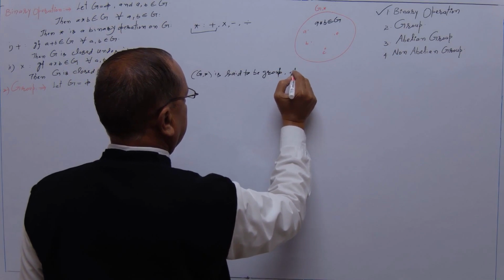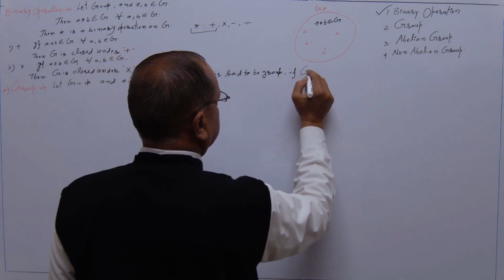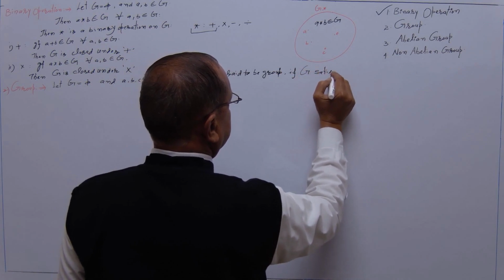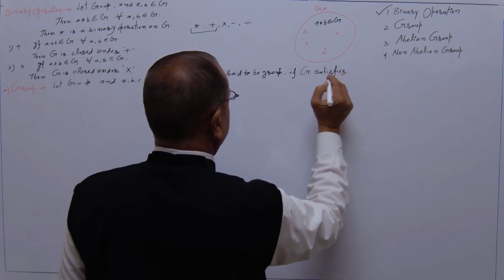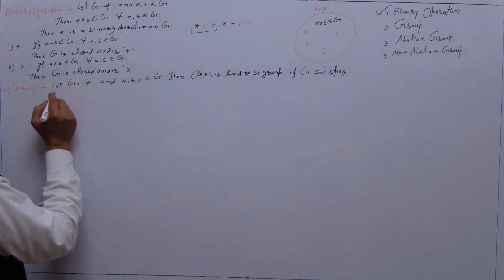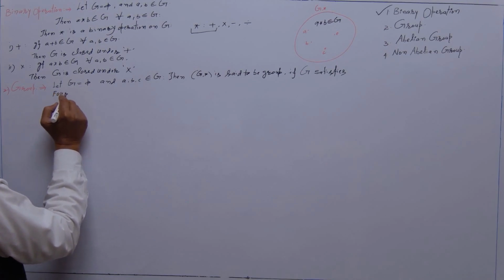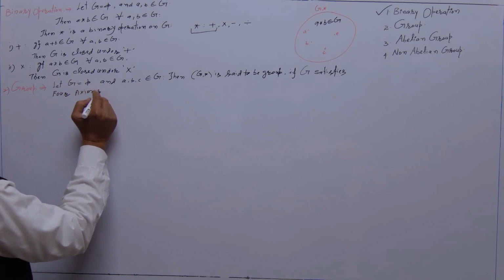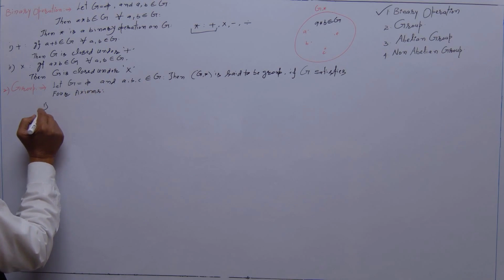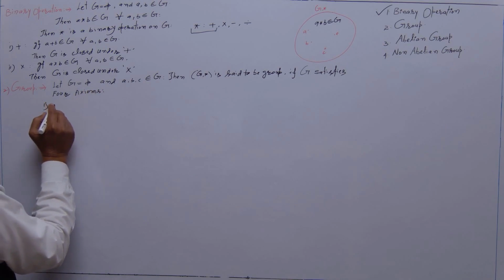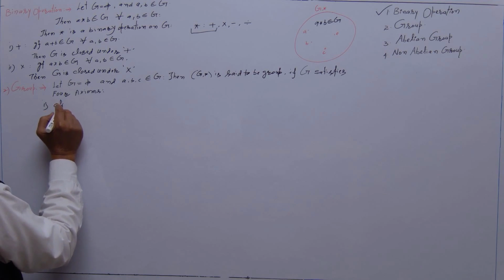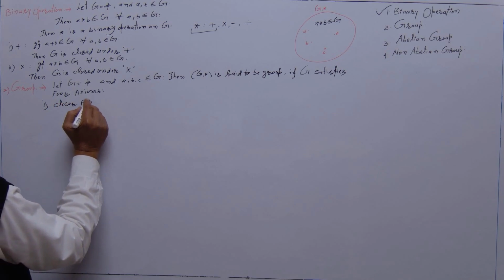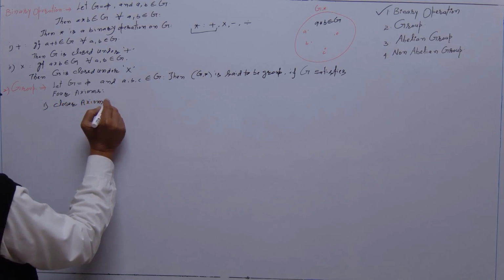If G satisfies four axioms. Number one axiom is closure axiom, or you can say closure property.